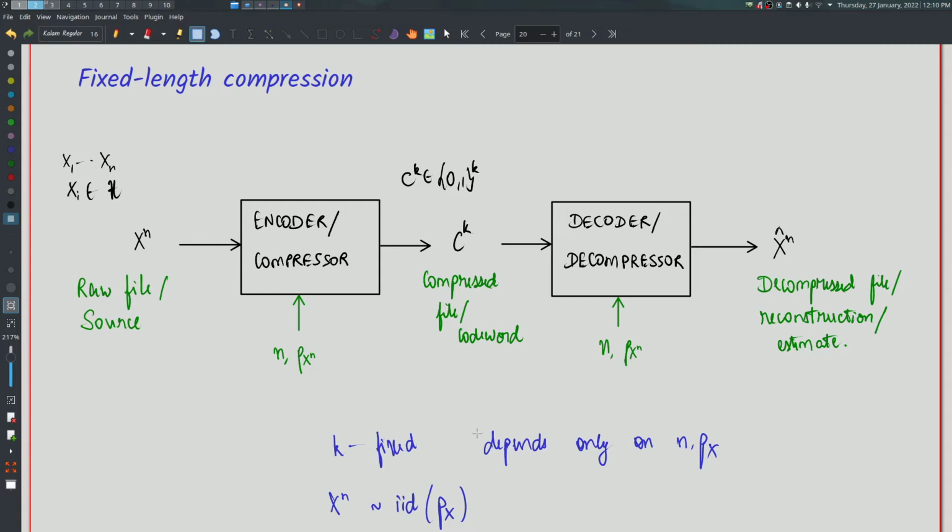And as we discuss fixed length compression, we'll see that there is a kind of natural geometry. We'll get some more intuition as to why the entropy comes about as this term in the optimal rate of compression. Okay, and after that we'll talk about channel coding.